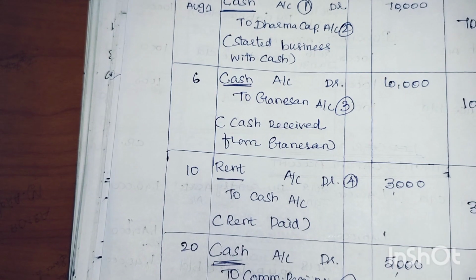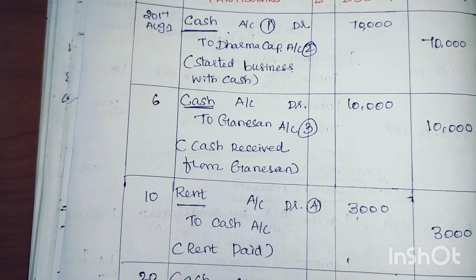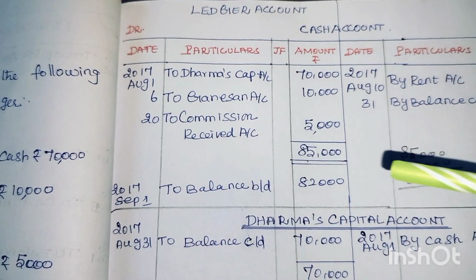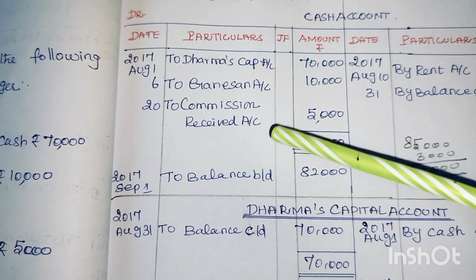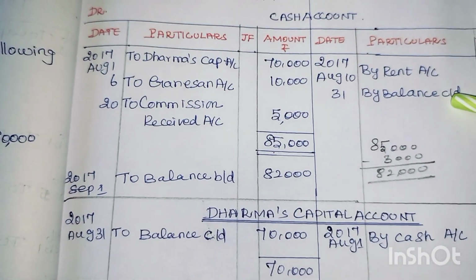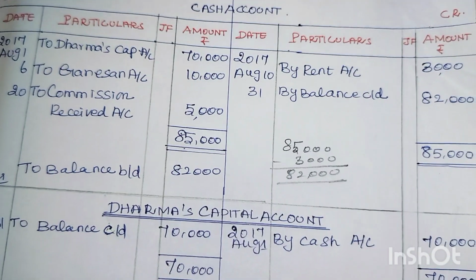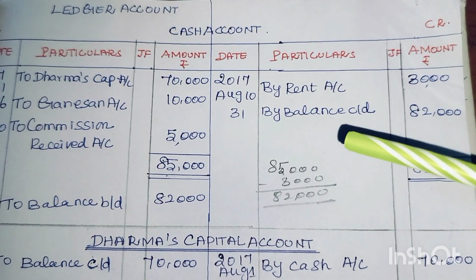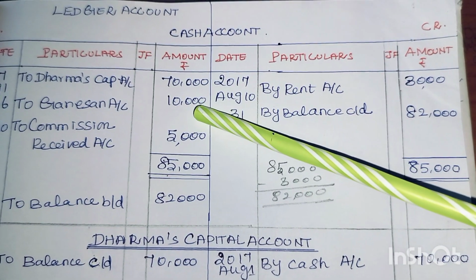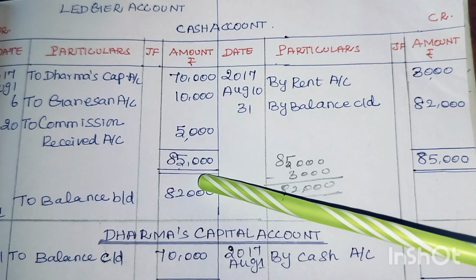Okay. We have 4 cash transactions in the ledger book, and we posted these 4 cash transactions into ledger. All the cash related accounts are posted into ledger here. Then what do we do? We have to find which side has the bigger amount. So check here: 70,000 plus 10,000 is 80,000, plus 5,000 is 85,000 on debit side.